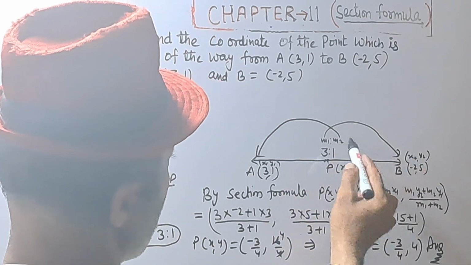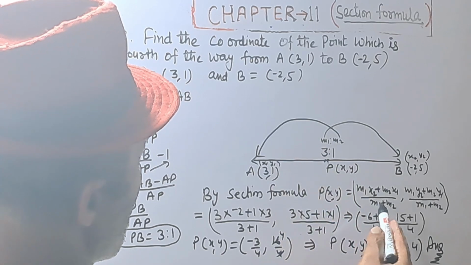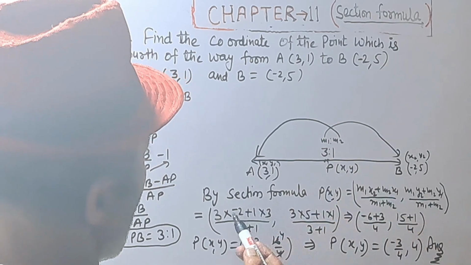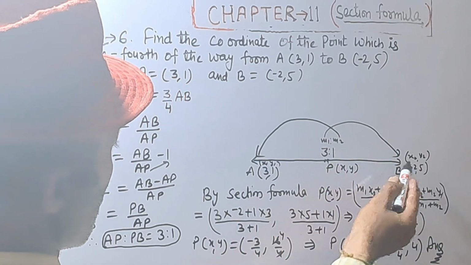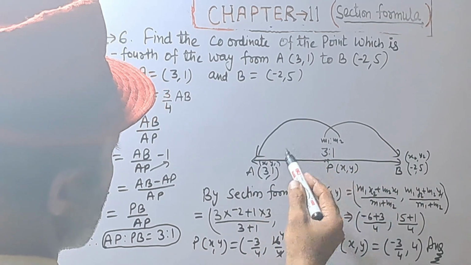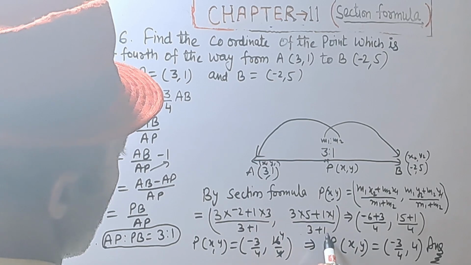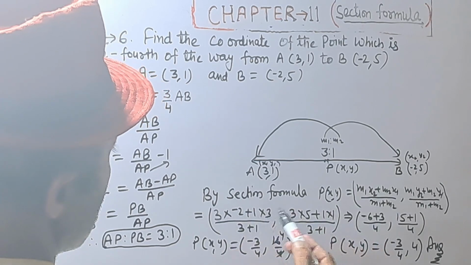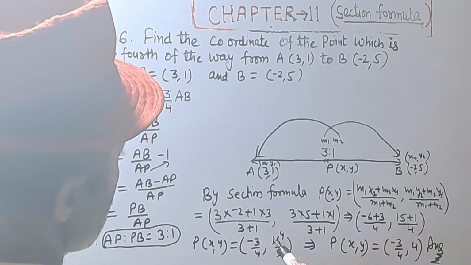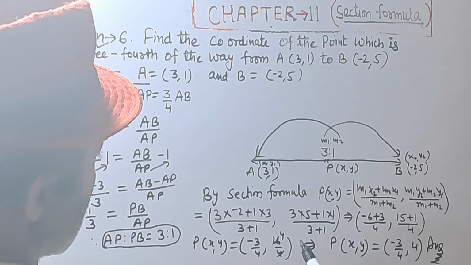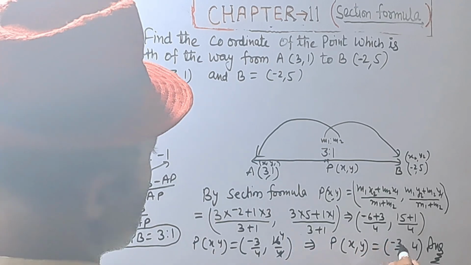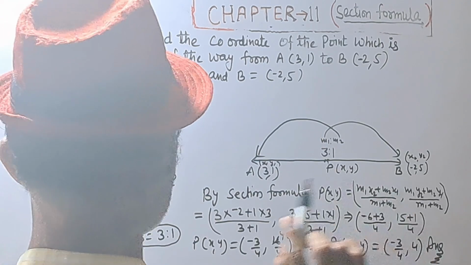So (m1 x2 plus m2 x1) upon (m1 plus m2) and (m1 y2 plus m2 y1) upon (m1 plus m2), that is 3 into minus 2 plus 1 into 3 upon 3 plus 1, 3 into 5 plus 1 into 1 divided by 3 plus 1. 3 2s are minus 6 plus 3, that is equal to minus 3 upon 4, and 3 5s are 15 plus 1, 16 divided by 4, 4 4s are 16. So we get the point P is equal to (minus 3 upon 4, 4). Answer. Thank you.